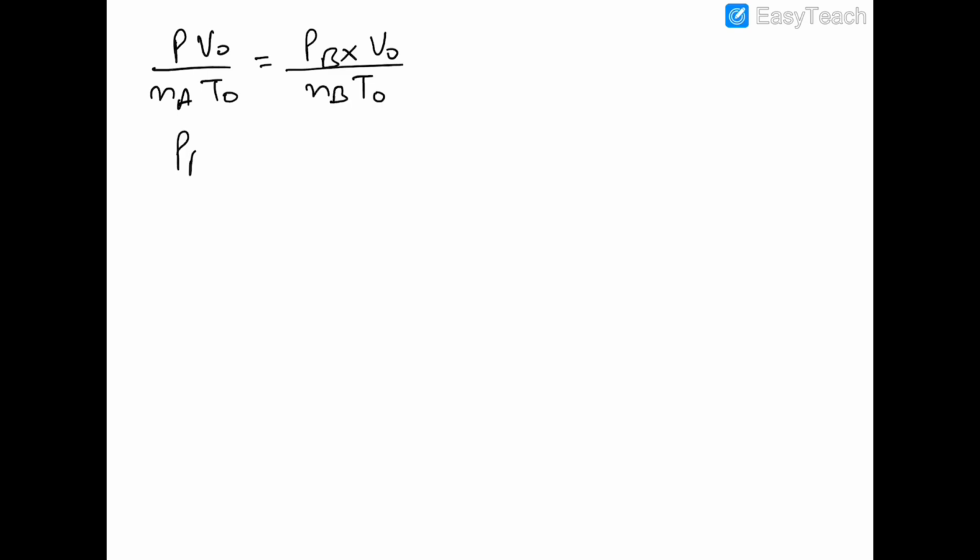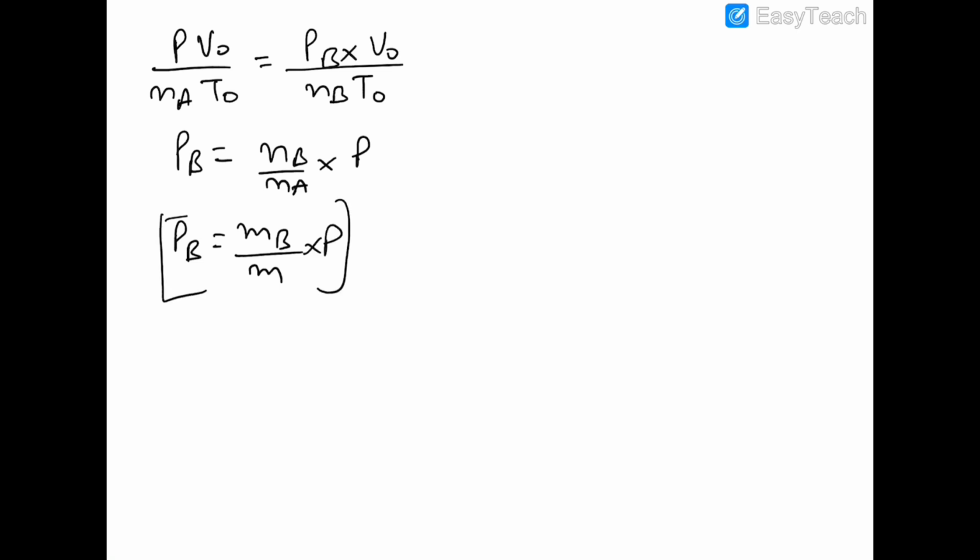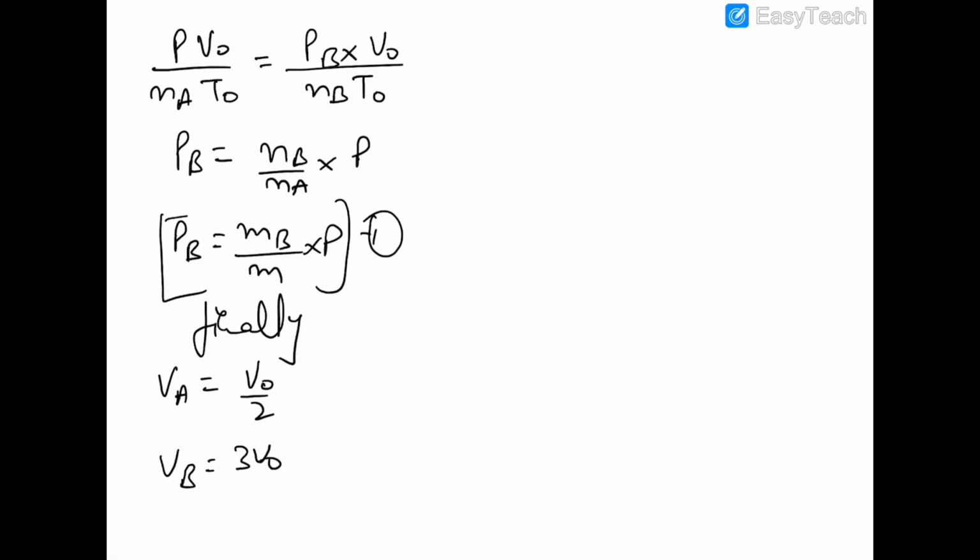So PB will be equal to NB upon NA into P, and NB upon NA will be equal to mass of gas in B upon mass of gas in A, into P. First equation. Now finally the volume of gas A is equal to V naught by 2, and the volume of gas B will be equal to 3 V naught by 2.